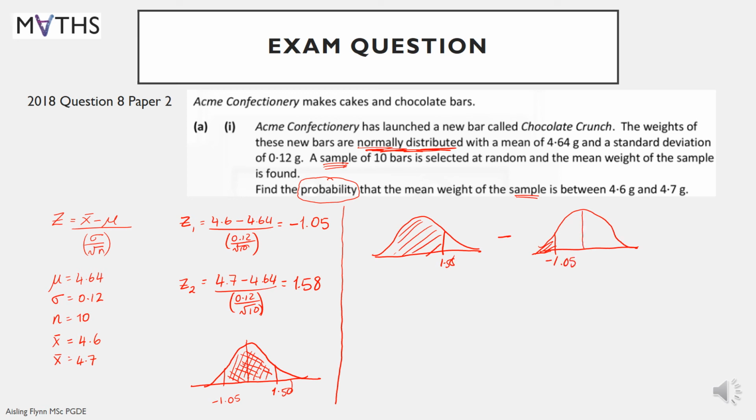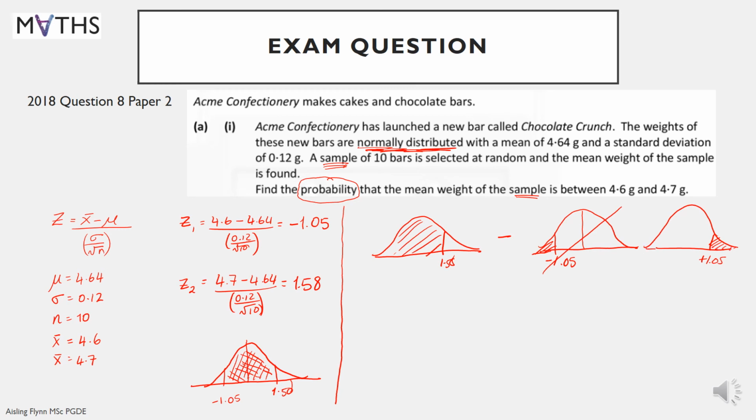Now we know that we don't have a table for negative z-scores, so we can replace this with the proportion of the graph that is greater than plus 1.05, so this little tail end here.